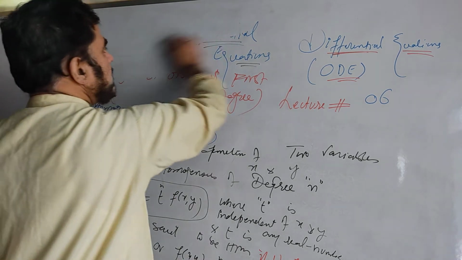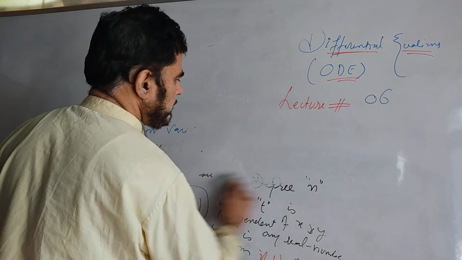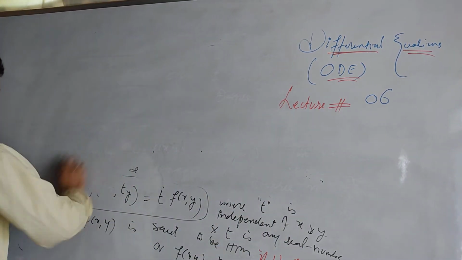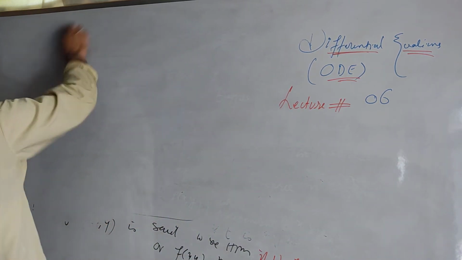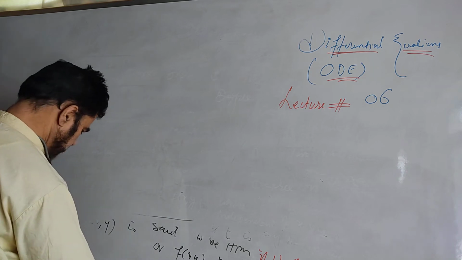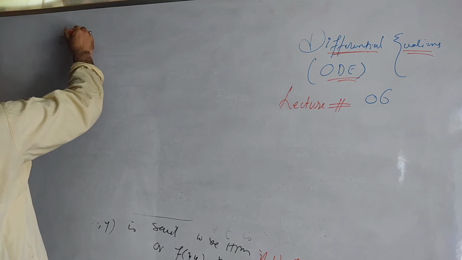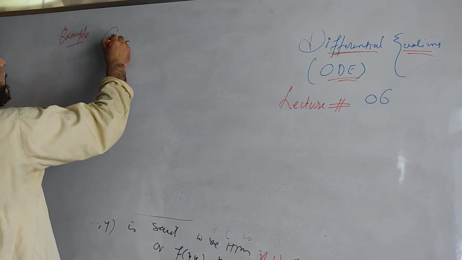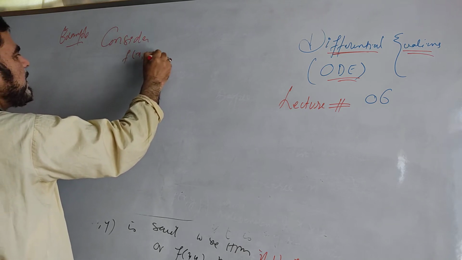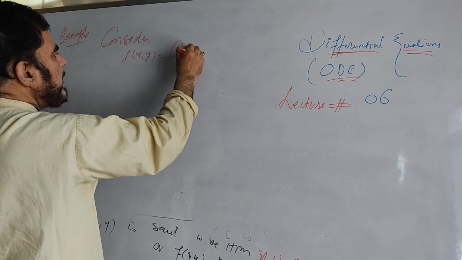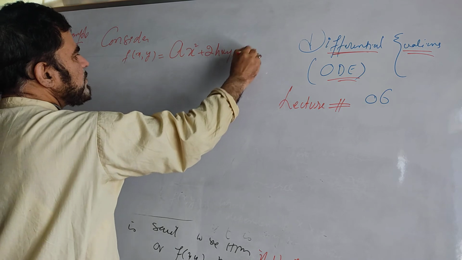Let me take an example. Let us consider f of x, y equal to ax square plus 2hxy plus by square.